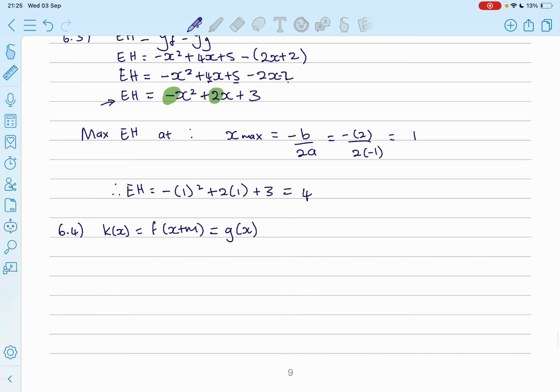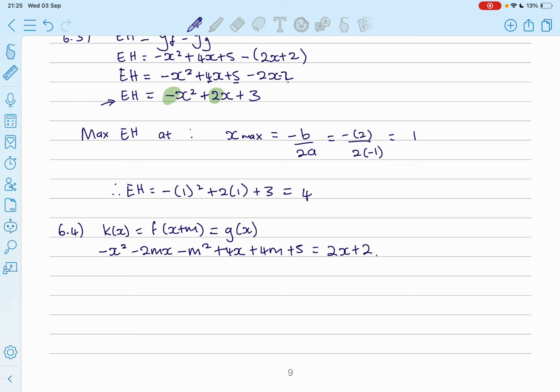So k of x is given by negative x squared minus 2mx minus m squared plus 4x plus 4m. Why am I writing 4 twice? Plus 5. And then g of x, we know the equation to be 2x plus 2. Okay, now we just need to try and get everything to be on the same side.